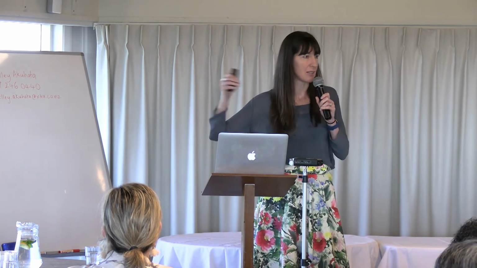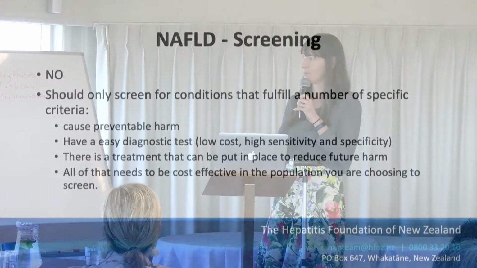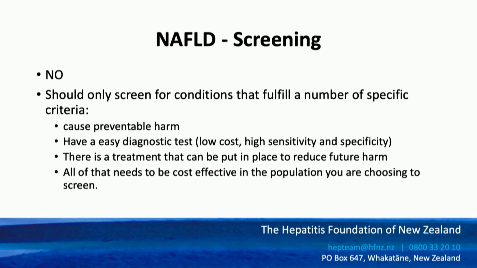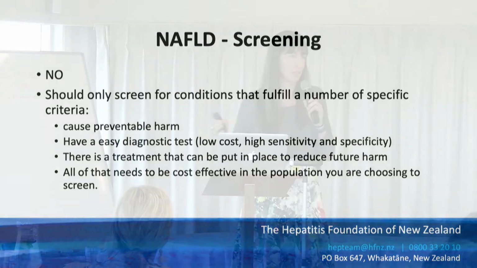For a screening program to work, it has to have a disease that causes harm, a disease that you have treatment for that can reverse the likelihood of that harm, a test that is easy, cost-effective, safe, sensitive and specific, and it's got to be cost-effective in the population you're choosing. None of that exists for fatty liver disease. It is not appropriate to screen the whole population because we don't have a cure, we don't have an easy test for it, so broadly speaking, don't go looking for it.